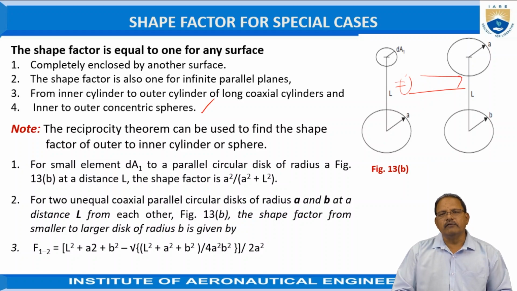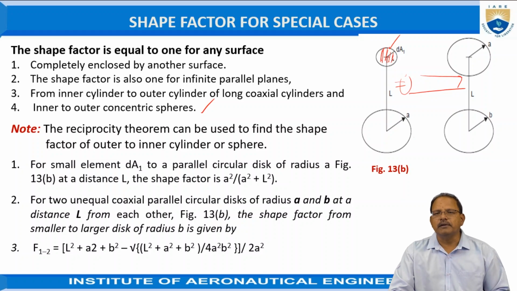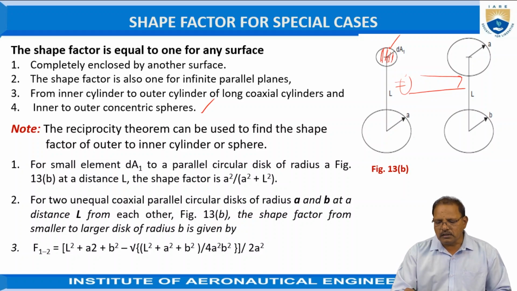For a small element dA1 and a parallel circular disc of radius A, shown in figure 13b, at a distance of L, the shape factor is equal to A square divided by A square plus L square. Here dA1 is a small area, whose radius we are not considering, since it is treated as small when compared with the second one.